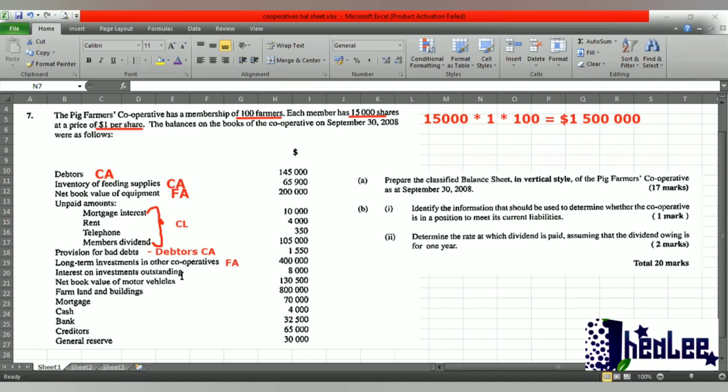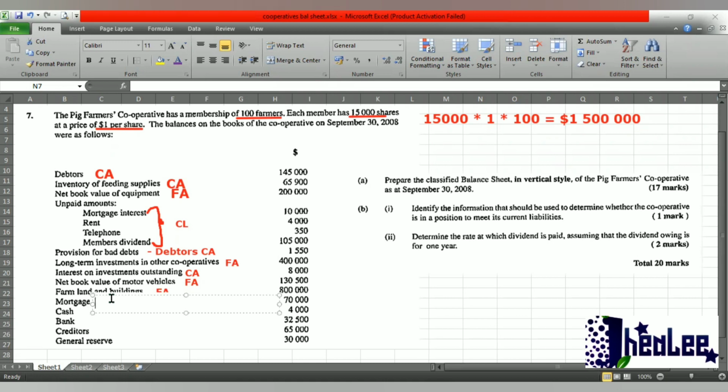Interest on investment outstanding, because this is investment that the business has made, and the interest that they should generate is outstanding. It is revenue that is basically outstanding. So therefore, that would be current asset. Net book value of motor vehicles, and this is fixed asset. We have farmland and buildings, again, that is fixed asset.